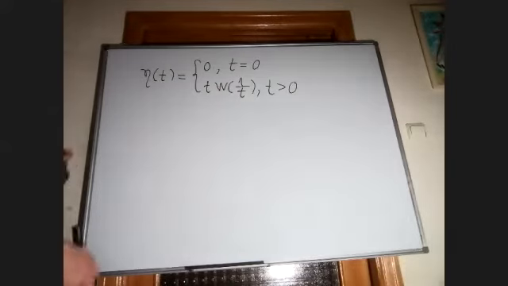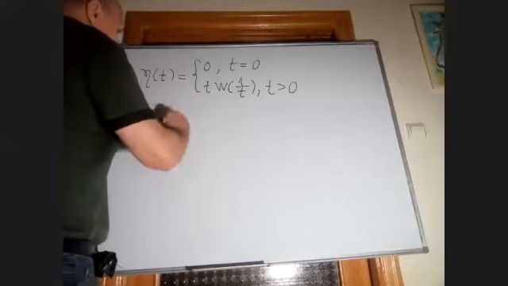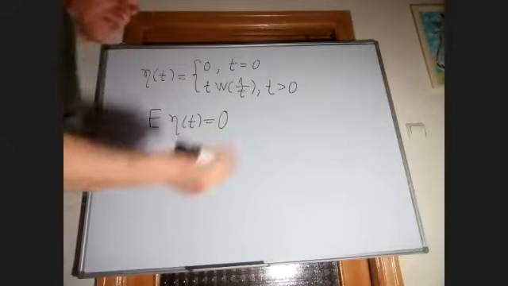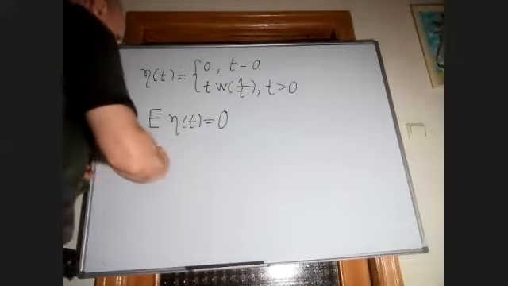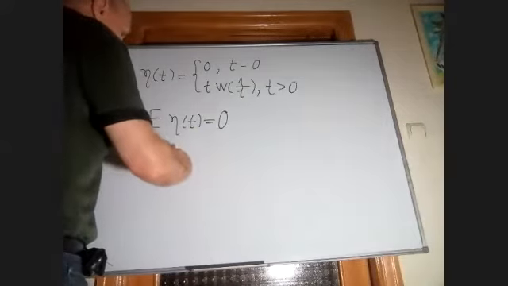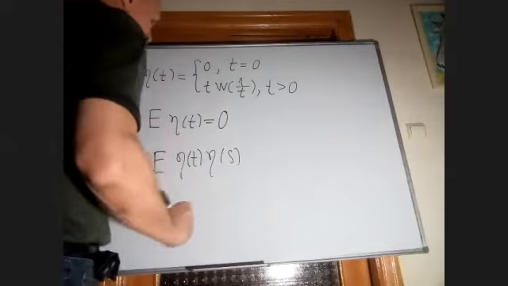Now let us consider the mean. Expectation of eta t is, of course, equal to 0, because expectation of W is equal to 0. Now let's take the expectation of eta t eta s.